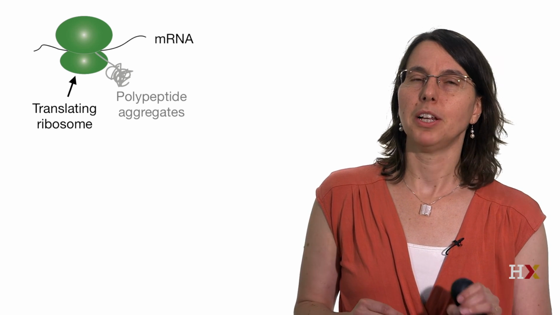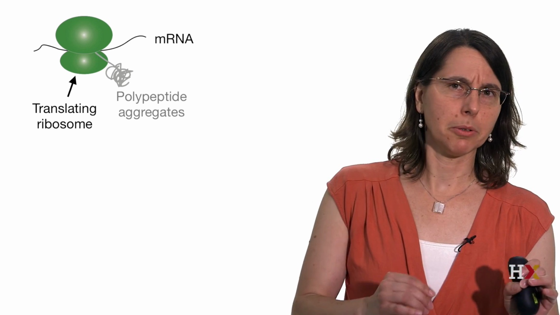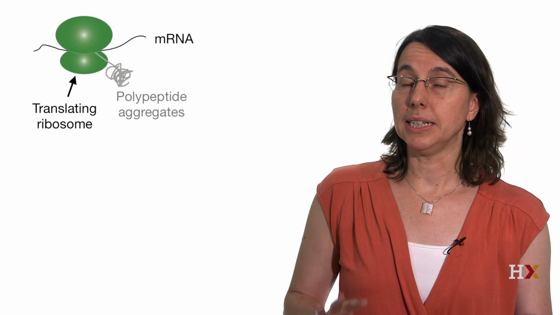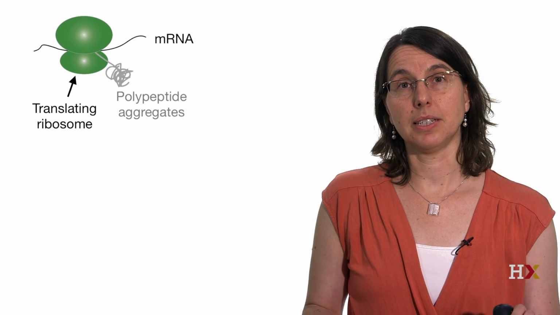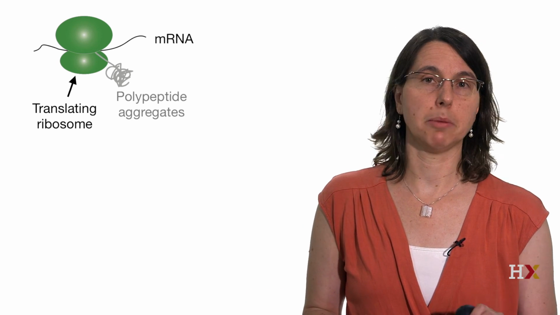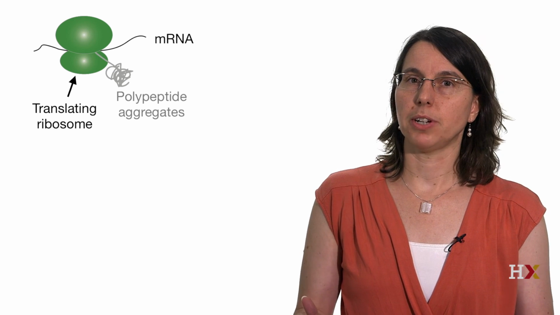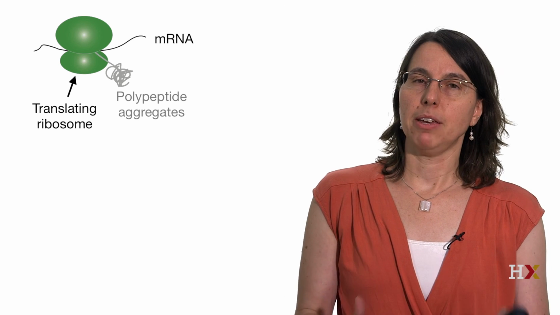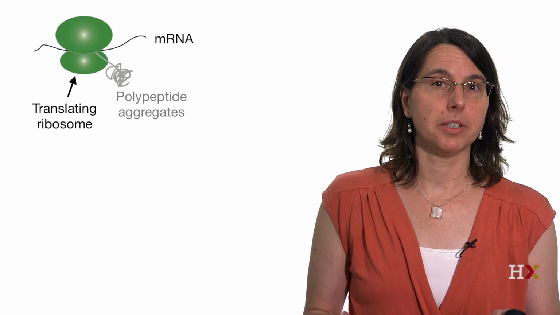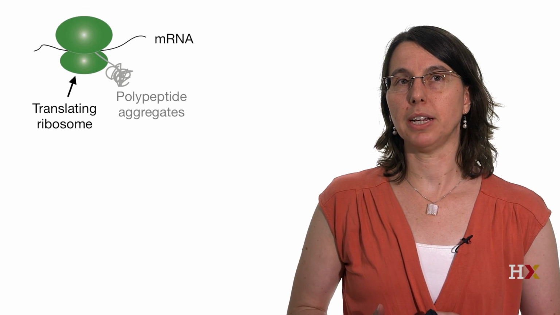So for example, if the fold of a protein would require interactions between distant elements in the sequence in the primary structure, for example, between the N-terminus and the C-terminus, the N-terminus is translated first, and it may form some aggregates with other proteins before the C-terminus can be translated.